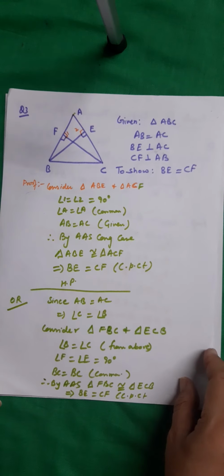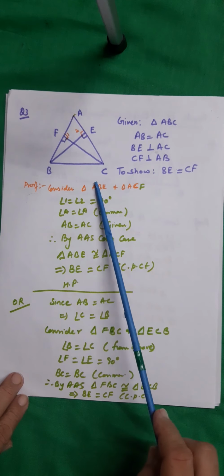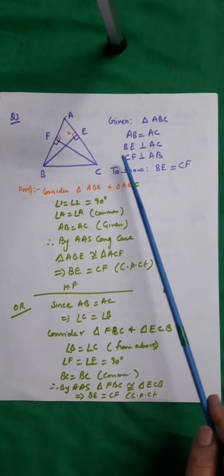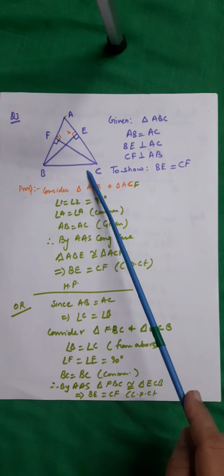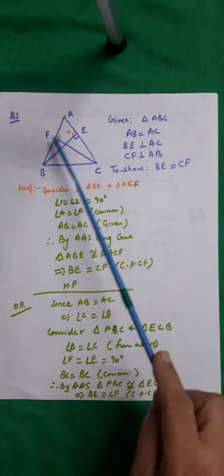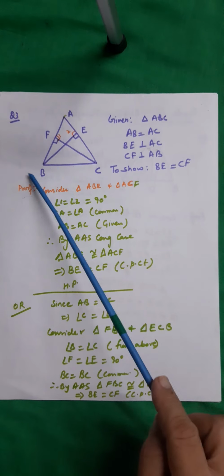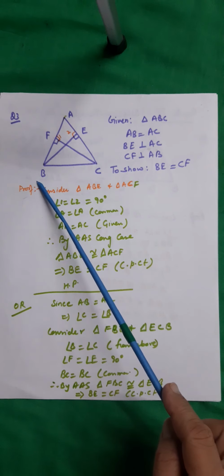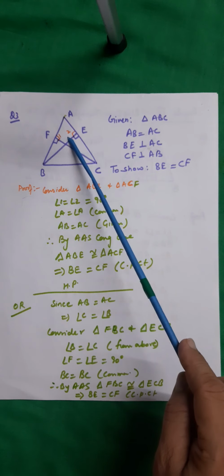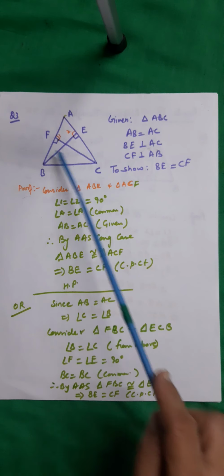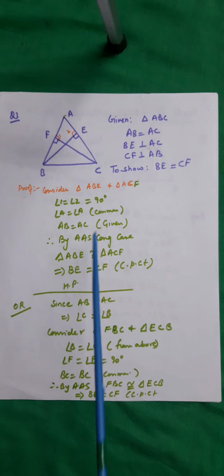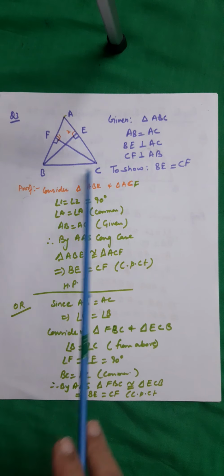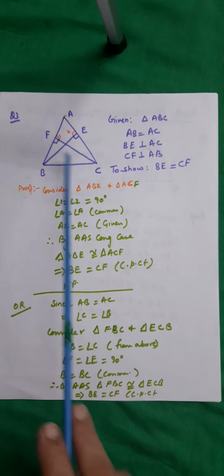Question number 3. The figure for the question is this. Here, given triangle ABC, in which AB is equal to AC, BE is perpendicular to AC and CF is perpendicular to AB. To show that BE is equal to CF, consider triangle ABE and triangle ACF.